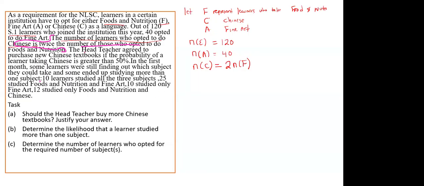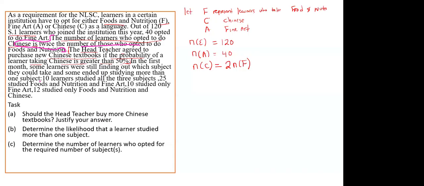Then you continue. First interpret each and every bit. The head teacher agreed to purchase new Chinese textbooks if the probability of the learner taking Chinese is greater than 50%. Now, this is the decision statement.